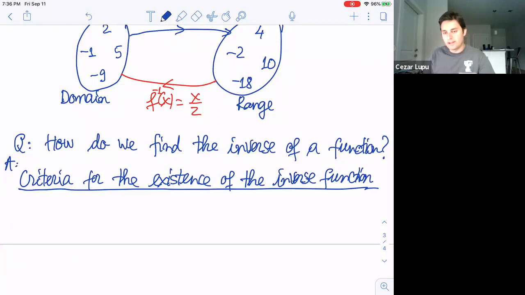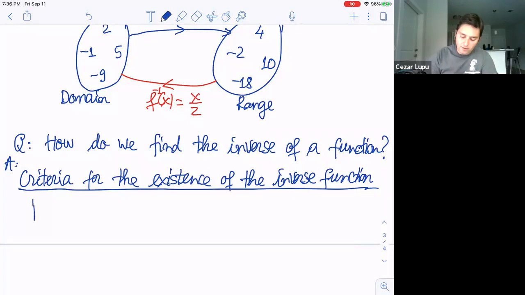Well, the story is like this. We've talked about one-to-one functions, we've talked about onto functions, right? Well, one-to-one and onto means that the function is bijective, therefore it is invertible, so we can find the inverse. But let me shorten this a bit.